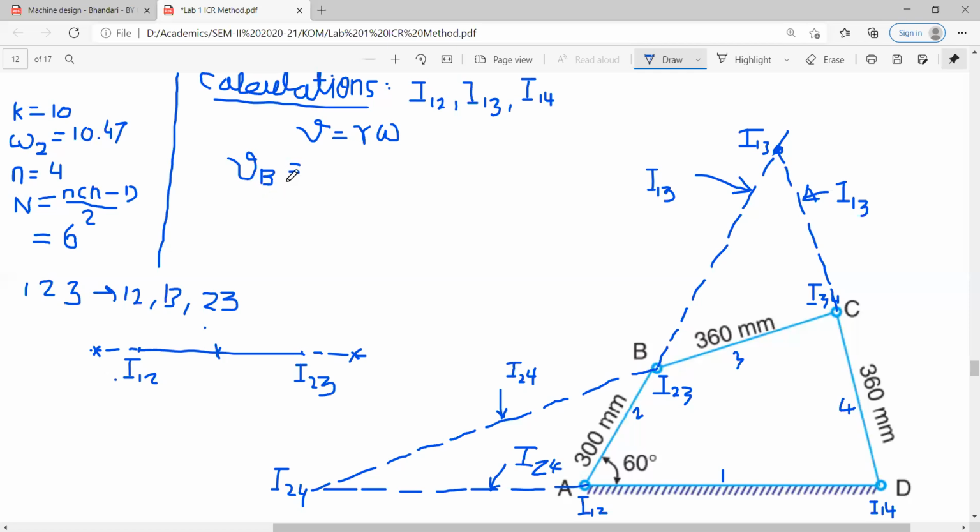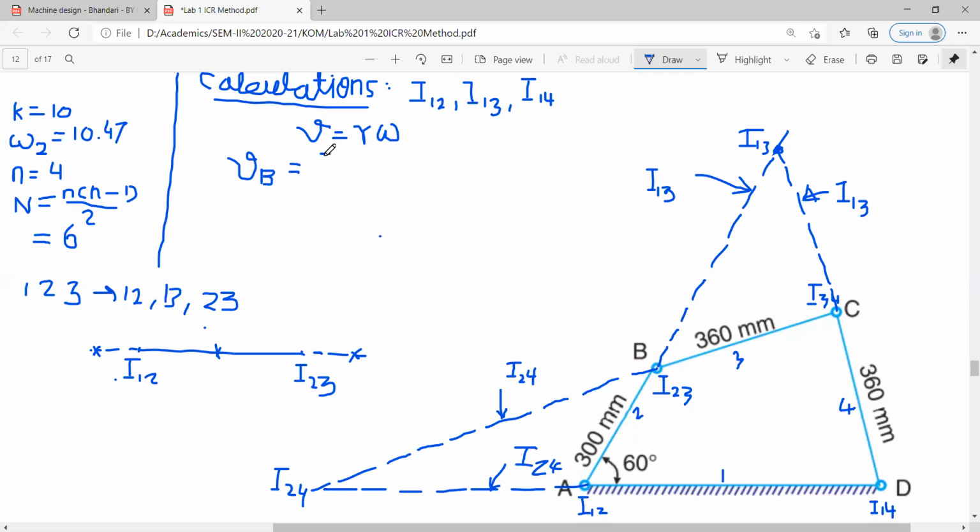So radius is nothing but the distance between point B and center of rotation. अभी आपको क्या कंसिडर करना है? पॉइंट बी जो है लिंक 2 पर और लिंक 3 पर, दोनों पर है, बिकॉज पॉइंट बी इज अ कॉमन पॉइंट. सो I will first assume that point B is on link 2.